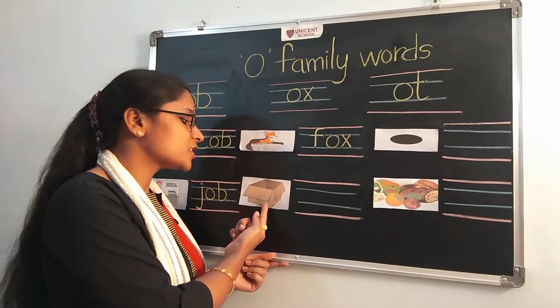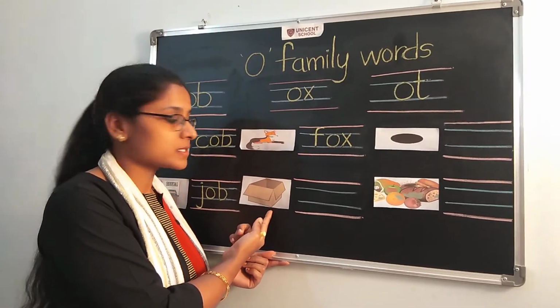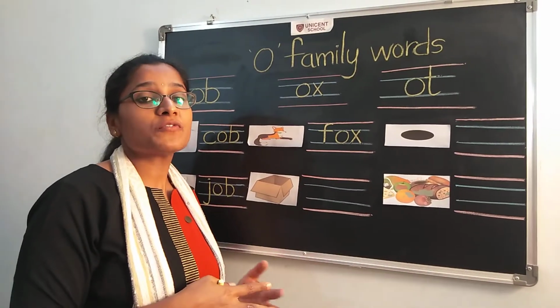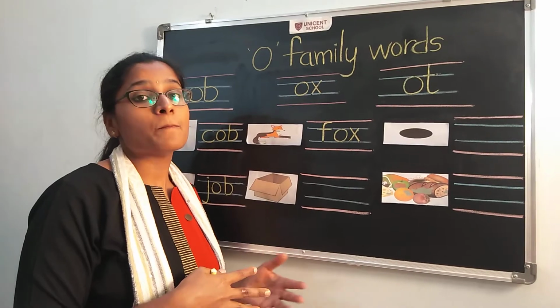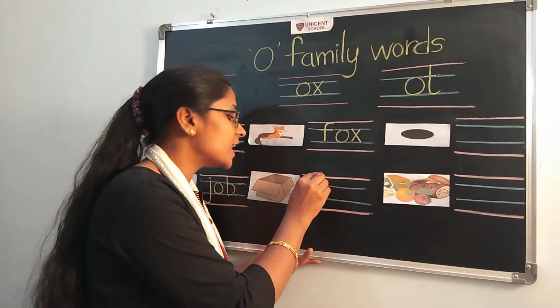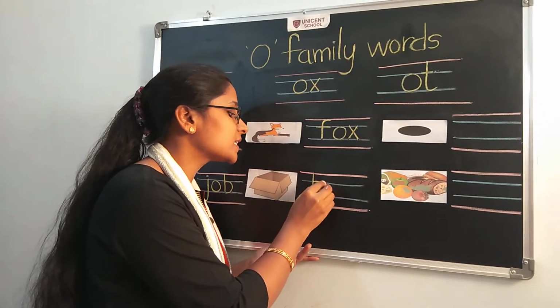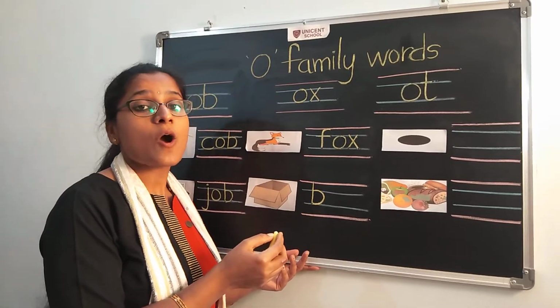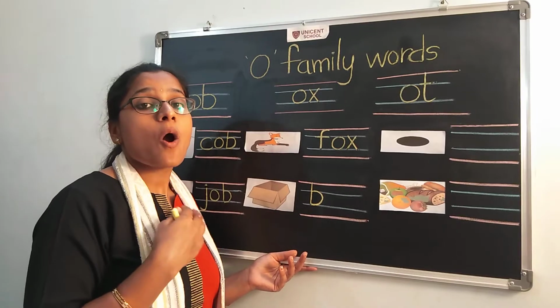The next picture here is box. When you are saying the word box, what sound are we hearing? B. Letter B makes the sound B. Next O is coming.